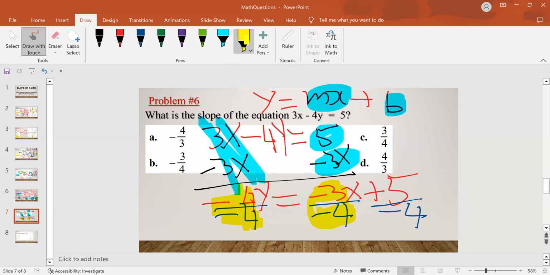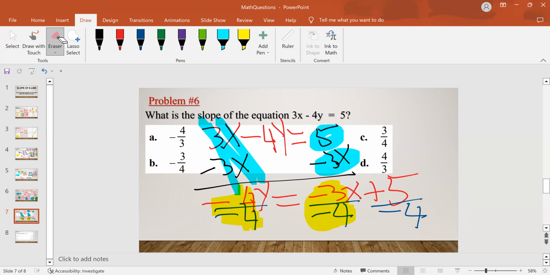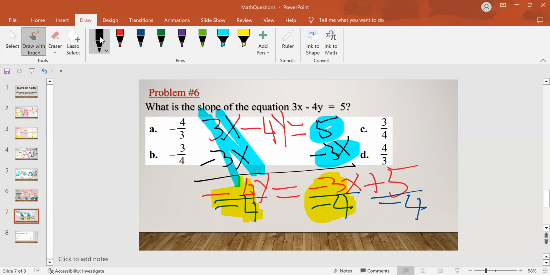So if I want to rewrite this, I can do that on top because I need space. We're going to have y equal to negative 3 over negative 4, which will be 3 over 4. Why? Because negative divided by negative is positive, with the x, minus 5 over 4. Why minus 5 over 4?